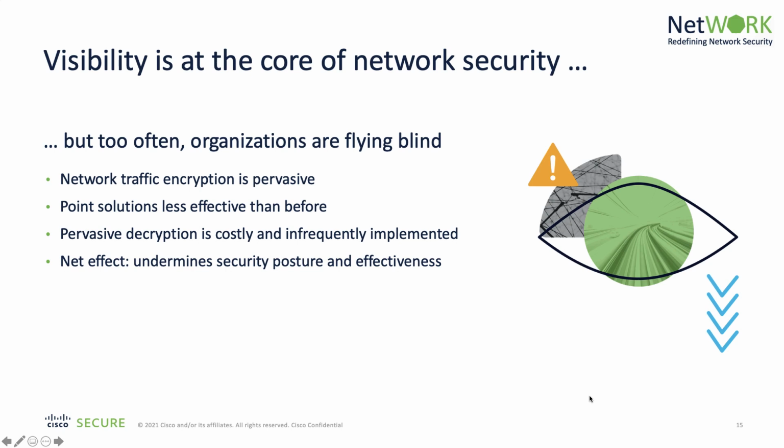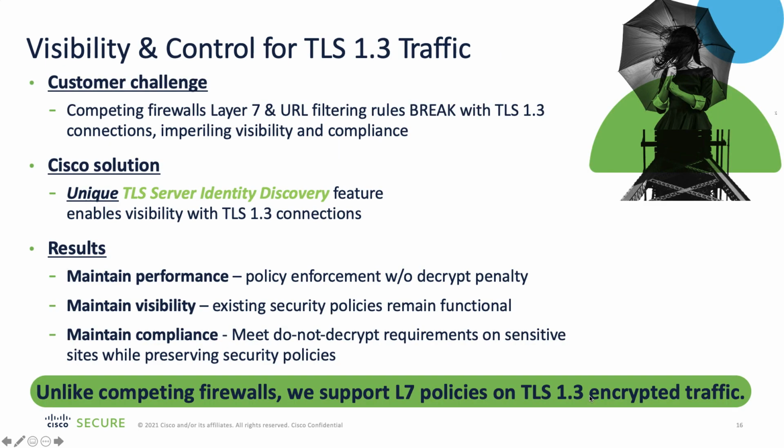Over 90% of all internet traffic is now encrypted, and point solutions that used to do a pretty good job can no longer cut it. That's fundamentally why Cisco is so invested in a platform approach to security. And let's be real, very few organizations are going to decrypt all of their traffic. There's just too many operational and legal barriers to do that. So what do we do? I'm super excited to share with you today what we've done.